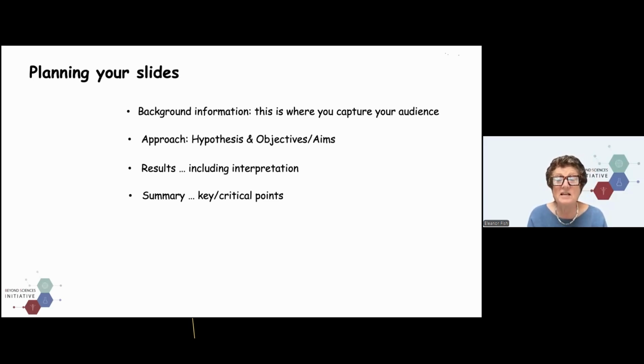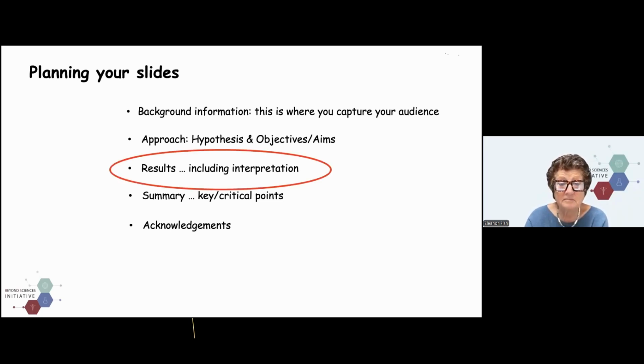So a summary slide would say, based on my results, these are the key points, the key takeaways, and the conclusions of my presentation. And then when you close your presentation, you want to acknowledge all those who've contributed to the work. Again, the results section, including interpretation, is the most important section of your presentation.